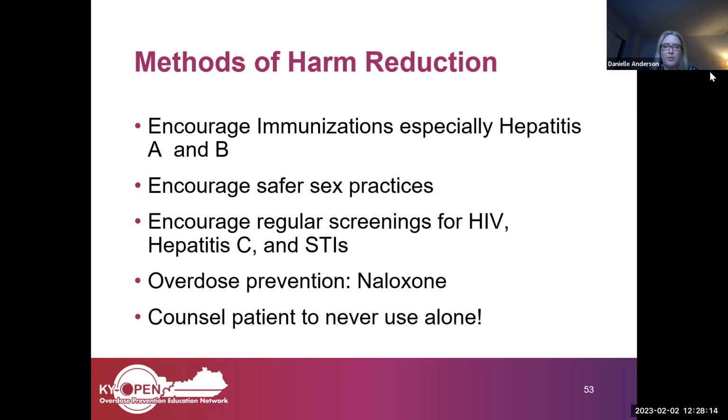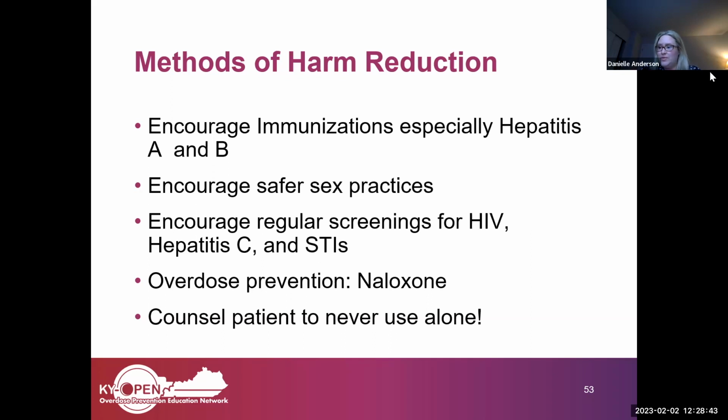So we want to encourage patients, if they have hepatitis B or C, to go ahead and get immunizations for hepatitis A and B. Also want to encourage safer sex practices, consistent and correct condom use. For patients with HIV, we want to encourage them to adhere to their ART therapy. And for those HIV negative populations, we want to identify if PrEP is something that would be beneficial for them.